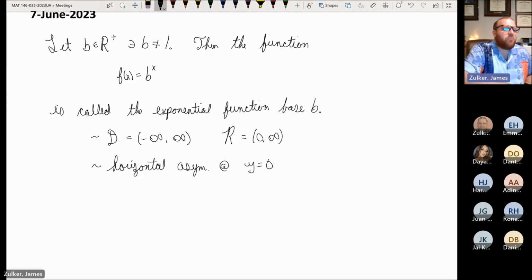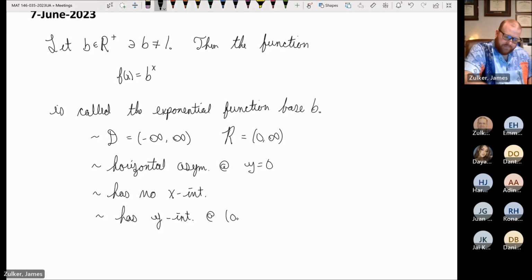We'll have a horizontal asymptote at y equals 0. It has no x-intercept, and it has a y-intercept at (0, 1). Again, these are true regardless of what the base is.